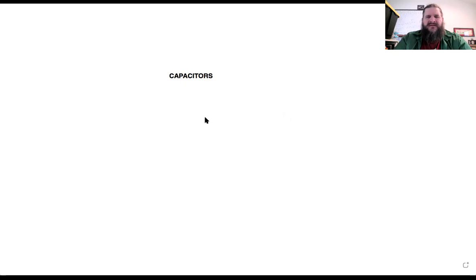The basic idea, if you wanted to build, it's essentially a device for storing charge, and specifically storing charge in a way that creates a voltage of its own. The basic idea of a capacitor is just a pair of metal plates with a layer of insulator in between.